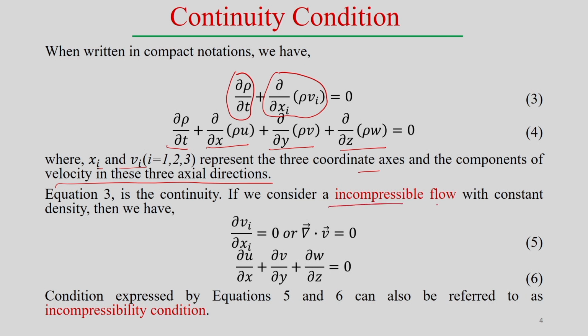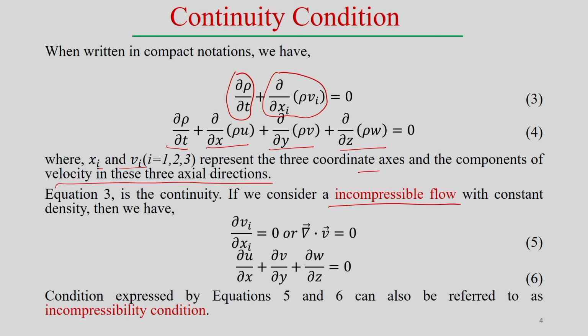Incompressible flow means there is no change in the density of the fluid over the time dt. If it is not changing the density over the time dt, the density remains constant, and that is called incompressible flow.